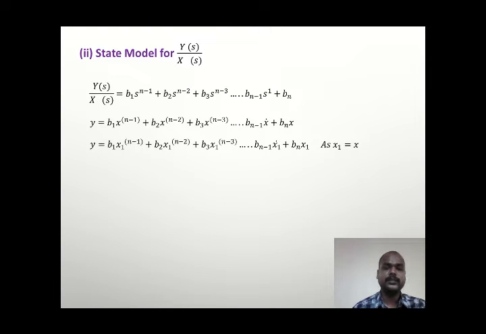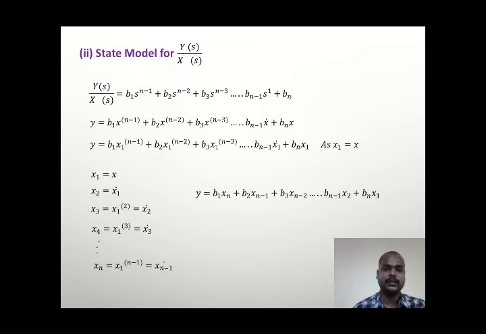So considering x1 as x, the same assumptions hold here, and we can see that this y is nothing but simply the product of b1 to bn with the variables x1 to xn. So this is the general procedure for obtaining a state model from the transfer function.